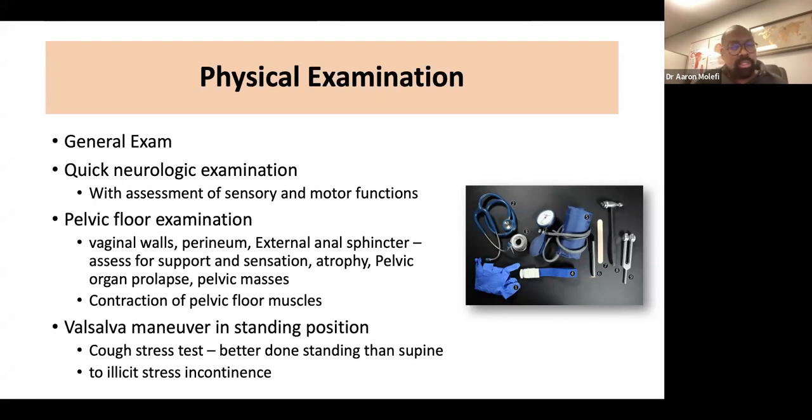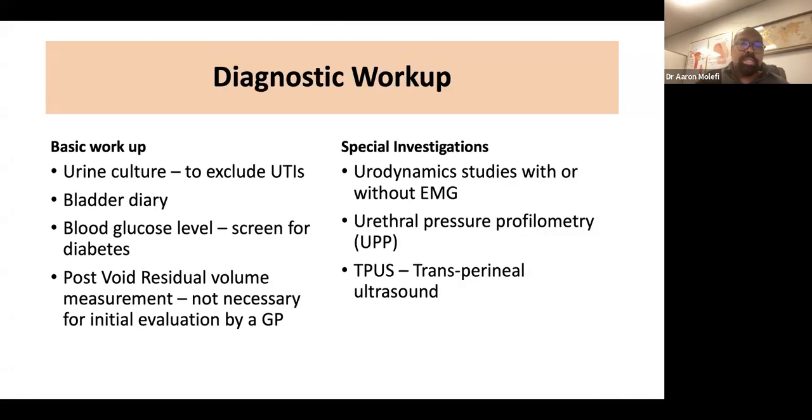It's better in standing position, so that you can elicit the stress incontinence, right? So the cough stress test, better in standing and supine, or even if they are just jumping in the consulting room, you'll be able to elicit if there's any leakage of the urine or not, right?